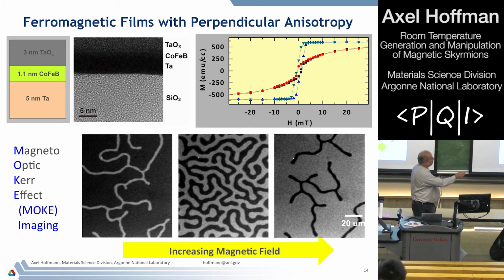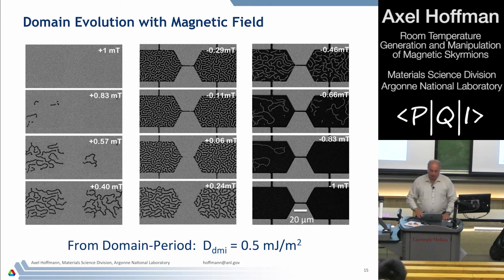And at low fields, you get these labyrinth-type striped domains, which is very common. And if you increase or decrease the field, you bias it towards one direction or the other. This is shown in more detail here for a device structure where we make a wire of this material, which is 60 micrometers wide, and it has a small constriction here of about 3 micrometers.